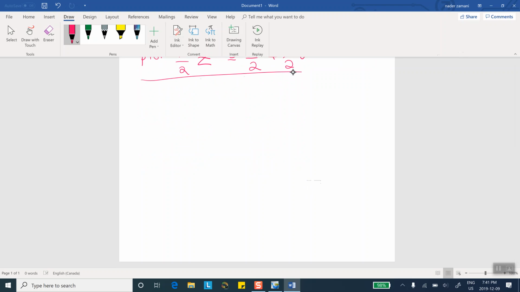Same type of animal, except that this is number 16, and the z is given as -1 plus i root 3. Okay, so let's get z first. This is the real, this is the imaginary.